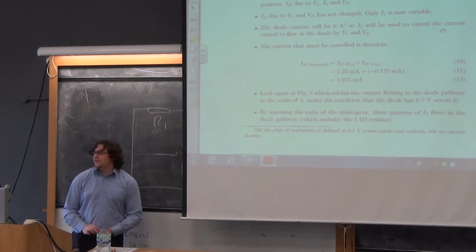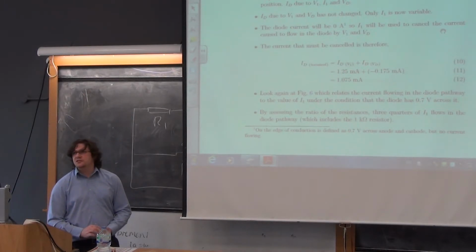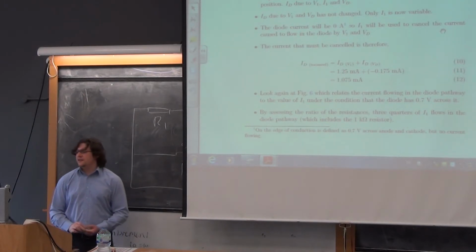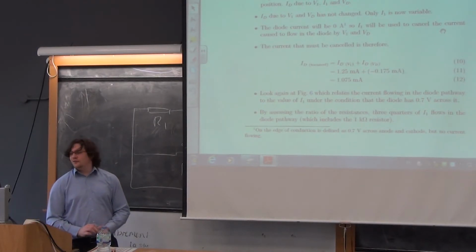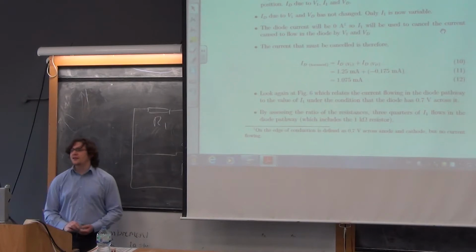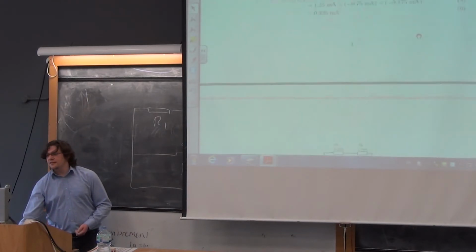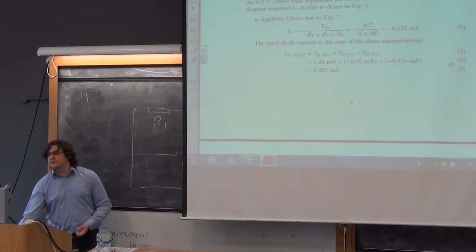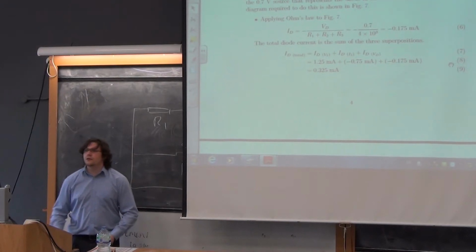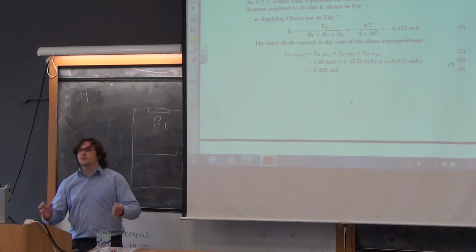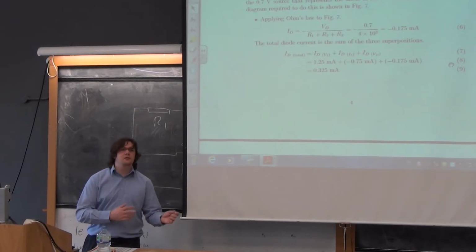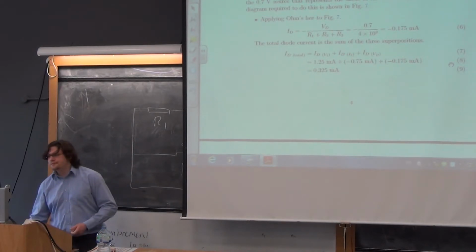So you subtract one from the other because their signs are opposite. And if you had an I1 of 1.075 milliamps, that would make equation 8 equal to 0. And that's all you're attempting to achieve. You're allowed to adjust one of the superposition circuits to make the sum of all n of them, in this case 3, 0.